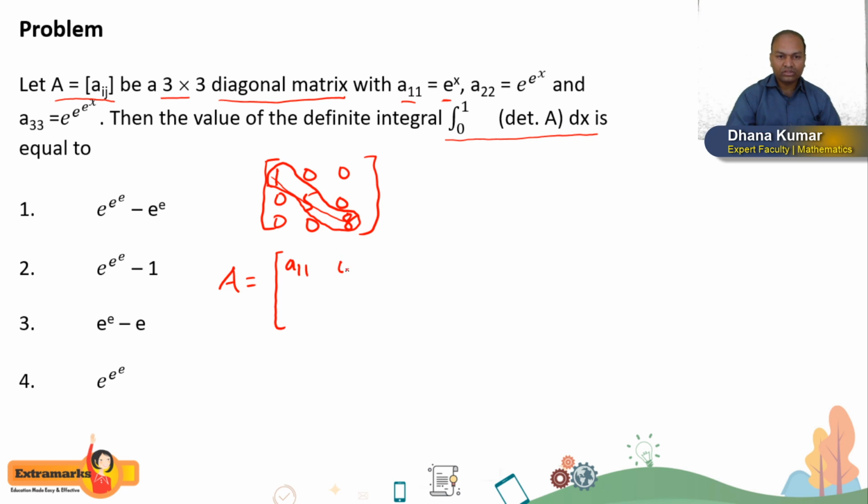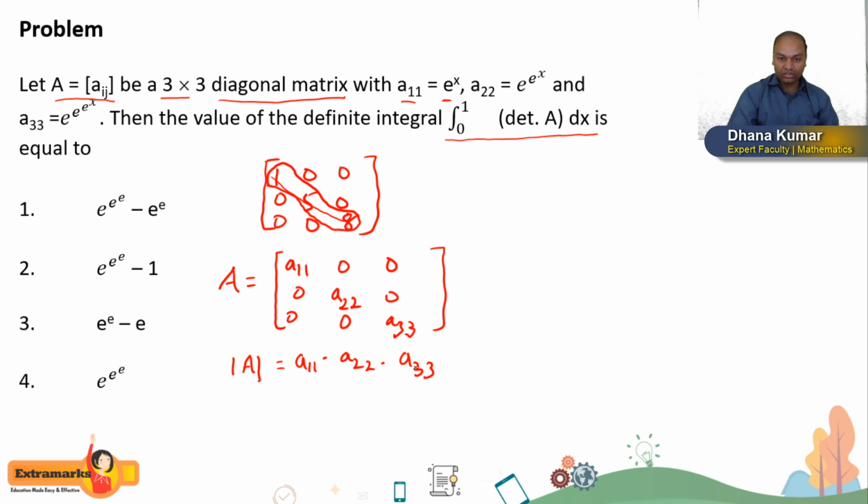So 0 0, 0, this is the second row second column element, 0 0 0, this is the third row third column element. Now what I told, the determinant of a diagonal matrix is the product of principal diagonal elements, that is A11 into A22 into A33.